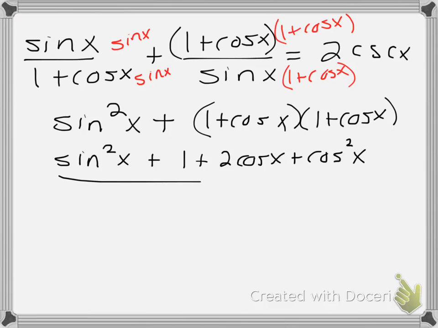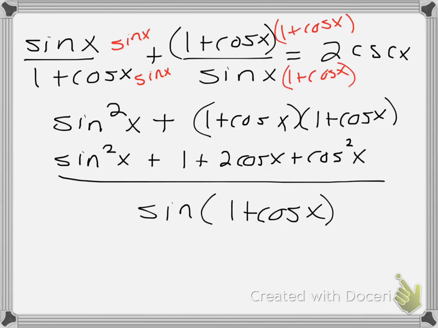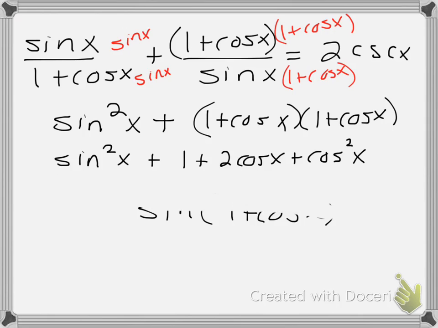Now what we also have in our denominator is the LCD, sine of x times 1 plus cosine of x. I'm not going to multiply it out, because in factored form sometimes it makes things easier to see and manipulate. Now I'm going to erase that, because I want a little bit of space to do some work, and we know that's going to be the denominator overall.